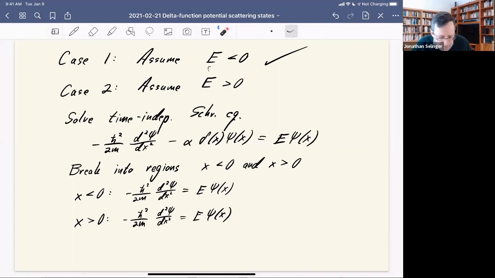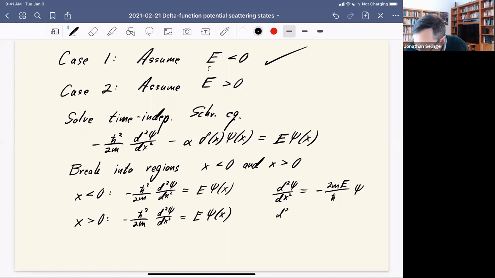We have this equation where the second derivative of psi is a negative number, 2mE over h bar squared, times psi itself. And that's for negative x and positive x.